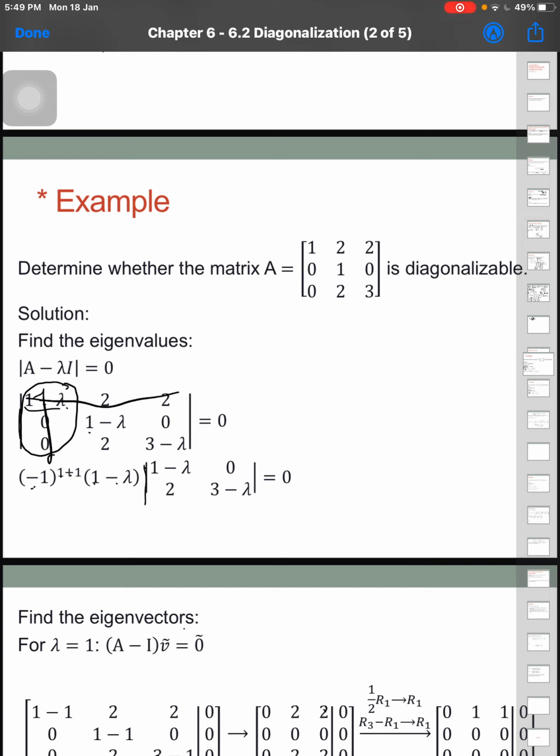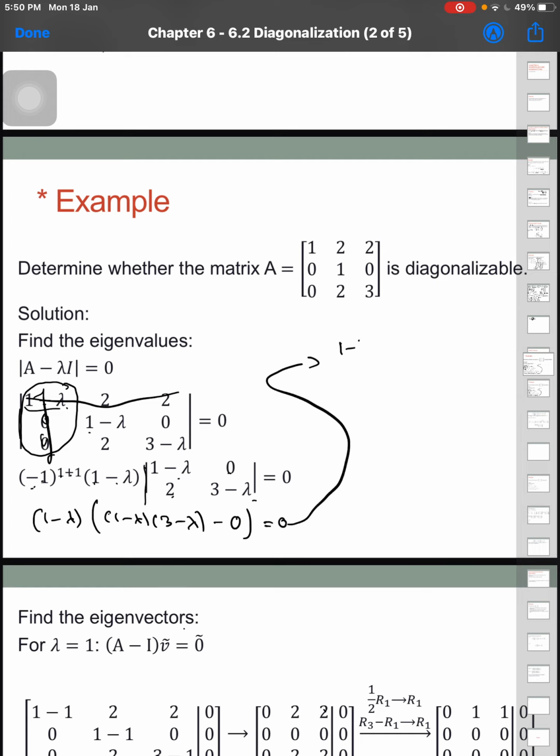okay, so close this one: 1 minus lambda, 0, 2 and 3 minus lambda, and for the next 0 and 0 tak payah nak kira sebab dia kosong-kosong. Negative 1 power of 2 is positive, so we have 1 minus lambda times by determinant of this one, 1 minus lambda times by 3 minus lambda minus 2 times 0, which is 0, equal to 0.